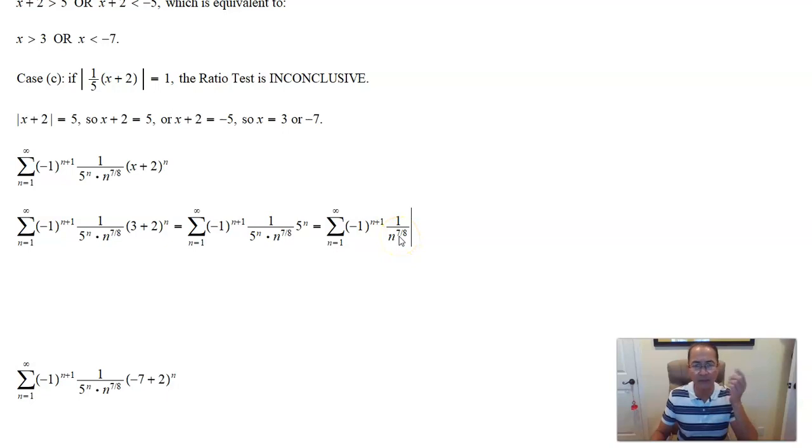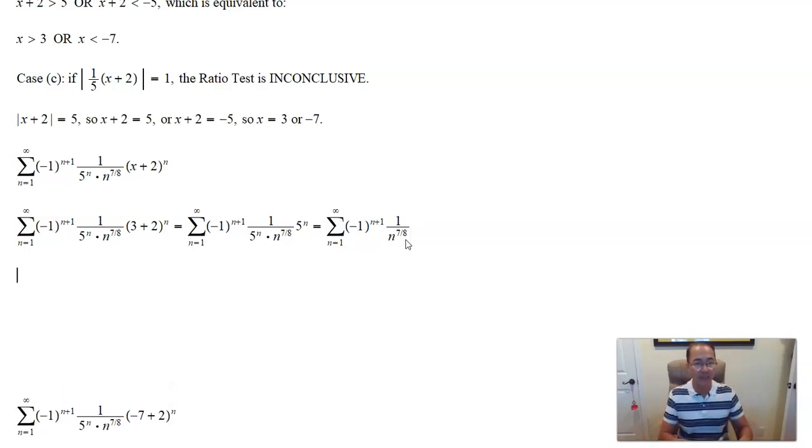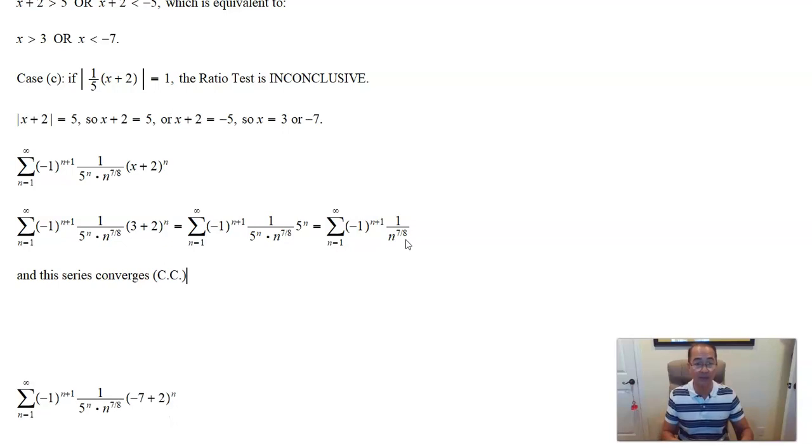As long as it's a positive number, we know that alternating p series are all convergent according to the alternating series test. Is it absolutely convergent? No, because when you take the absolute value, you get p is 7/8 smaller than 1, and we know that that kind of p series diverges. But this series converges. And if you want to be specific, yeah, it's only conditionally convergent.